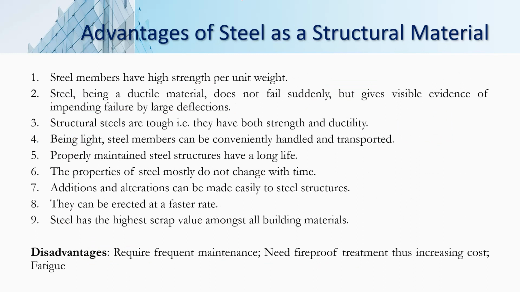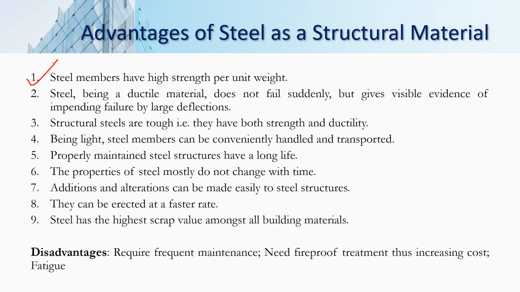So what are the advantages of steel as a structural material? First, this is the primary or main advantage: steel members have high strength per unit weight. What happens is that even a steel member of a small section, which has very little self weight, is able to resist heavy loads.